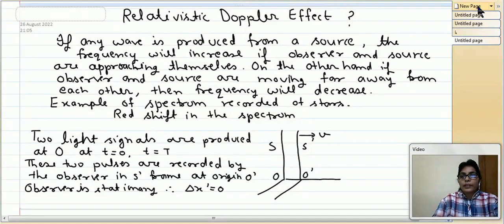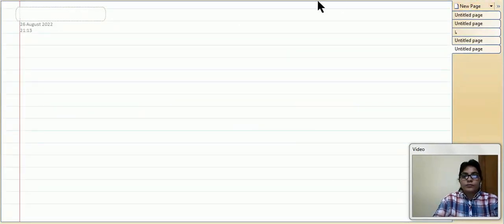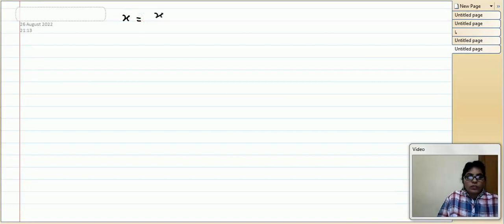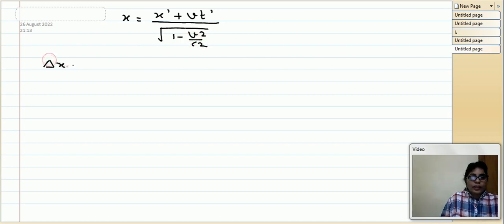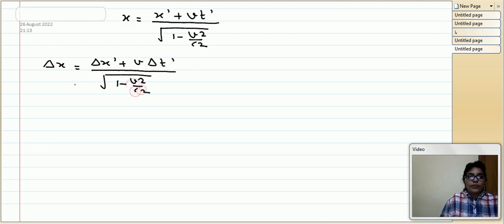Now we will write this as an equation. Let us go to the next page and write the previous equation, that x is equal to x dash plus v t dash upon under root 1 minus v square by c square. So from this equation, delta x is equal to delta x dash plus v delta t dash upon under root 1 minus v square by c square.